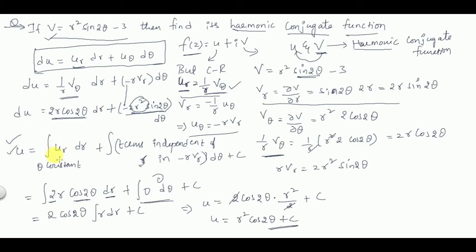You have to remember this formula, or have an idea how to write this equation. Then just substituting that, you will get the u value, that is the harmonic conjugate function for the given imaginary part. So this is the real part of f of z.